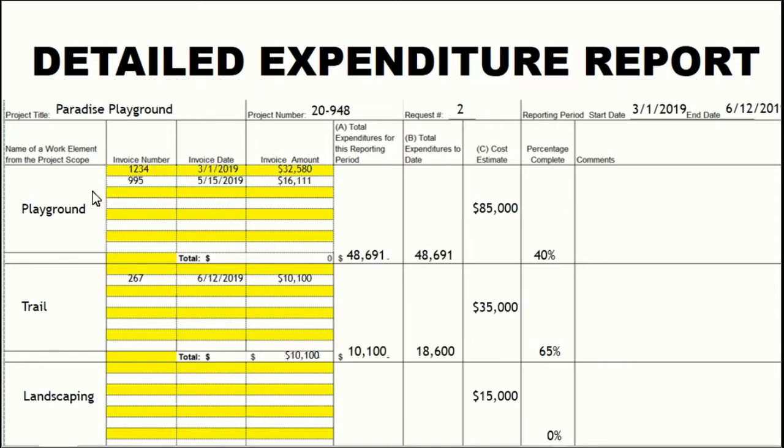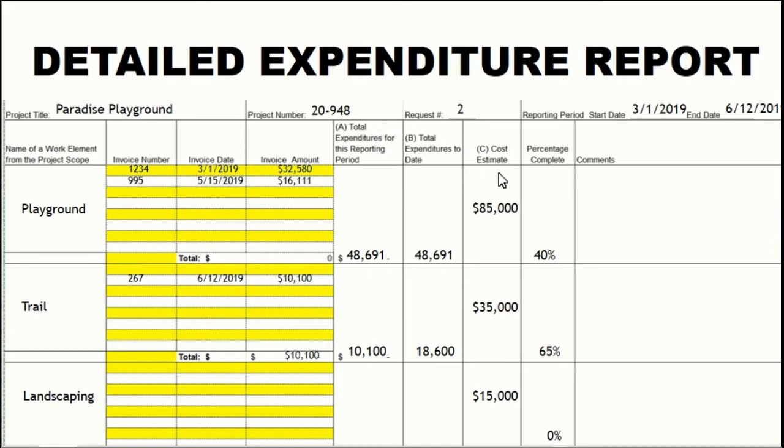Then you take your scope items, you list your individual invoice numbers, the date, and the amount of the invoice. Column A is these added up for your total expenditures for this reporting period. Column B is total expenditures to date.